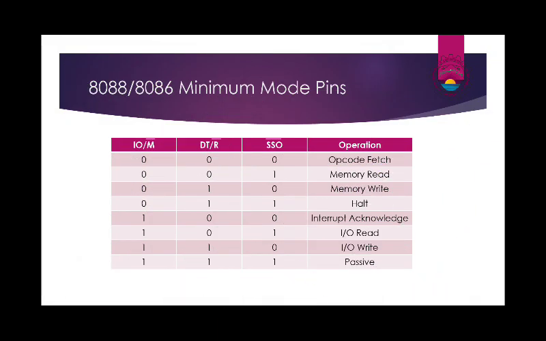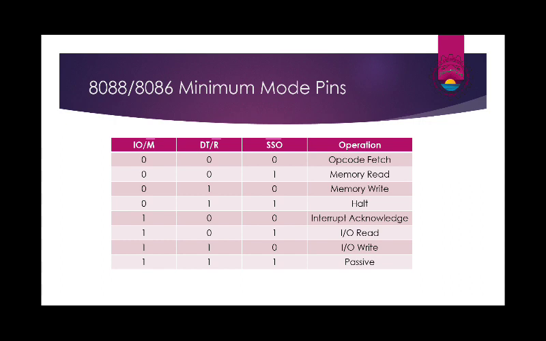In this slide we are going to discuss a table in which we are having three microprocessor 8088 related pins. First one is IO/M bar, second pin is DT/R bar, and third pin is SS0 bar.